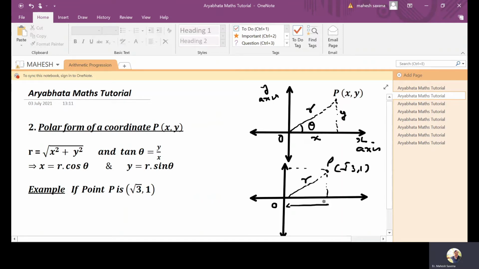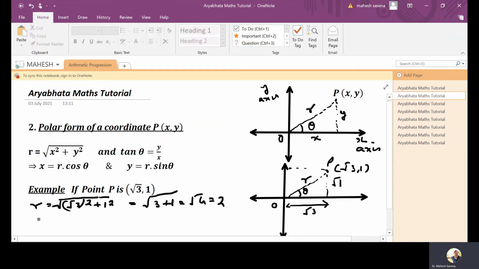Therefore, the perpendiculars from P will be root 3 and 1. Suppose this angle is theta. So clearly r is equal to under root of root 3 square plus 1 square, that is 3 plus 1, that is under root 4, which is equal to 2.